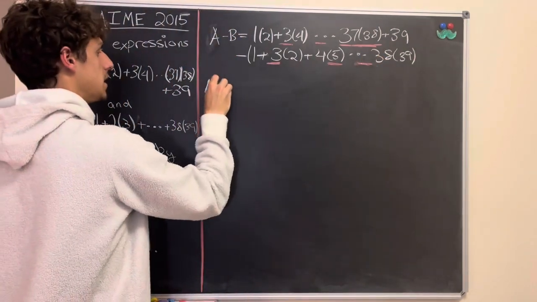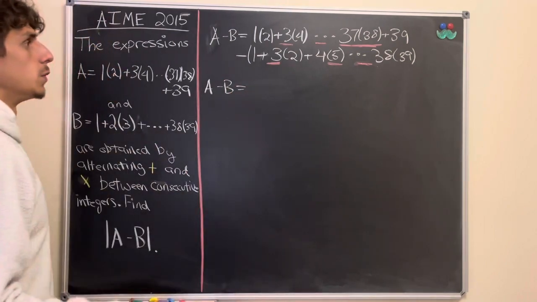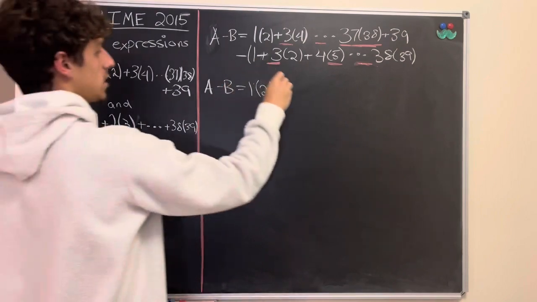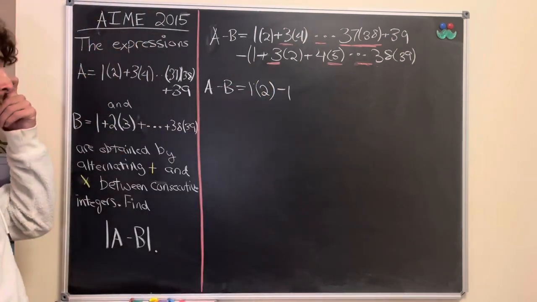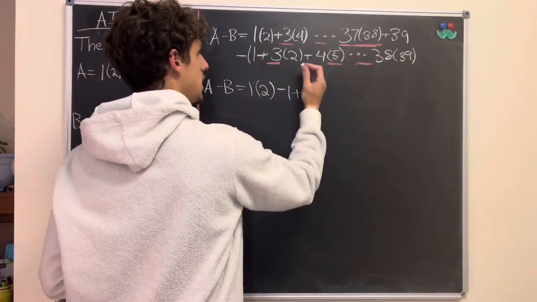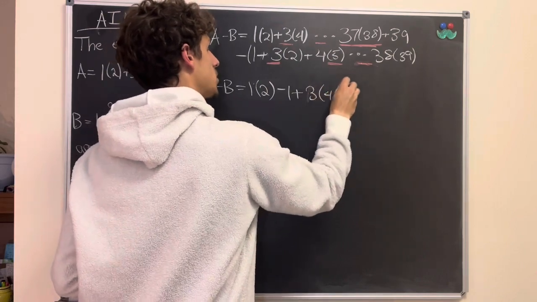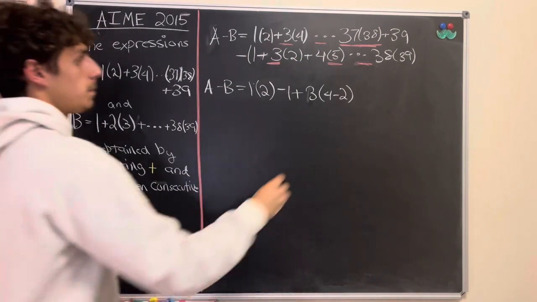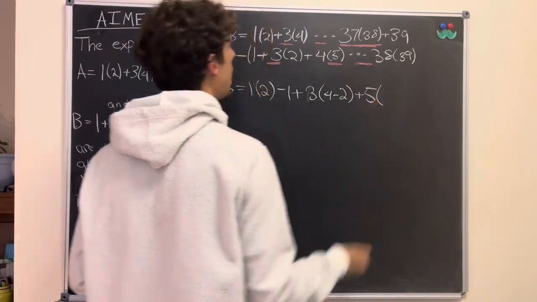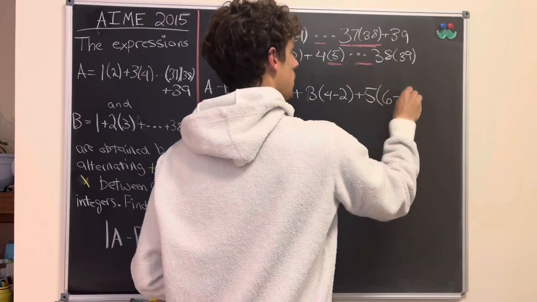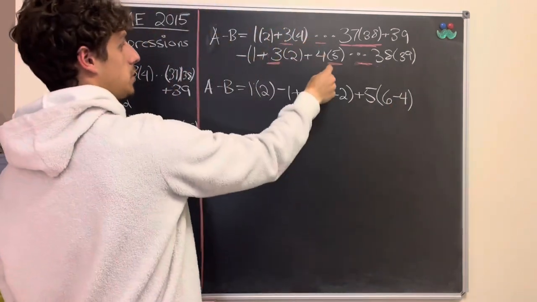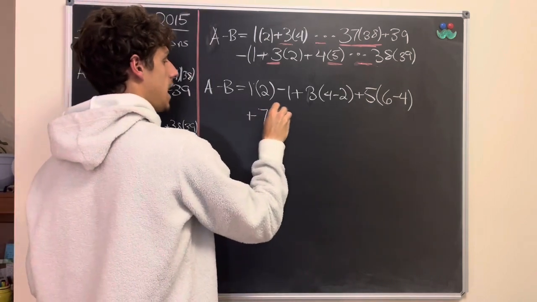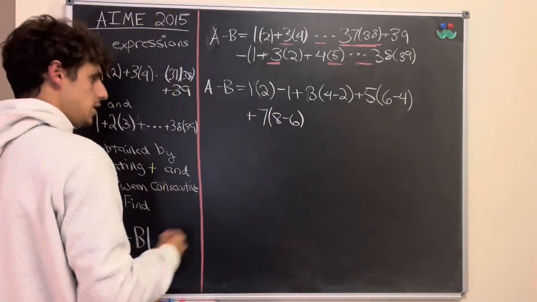We'll get A minus B is equal to 1 times 2, that's from this term here that we left out, minus 1, that's from this term here, and then we'll have plus 3 times 4 minus 2, that's by this coefficient minus this coefficient, plus 5 times 6 minus 4, that's by this top coefficient minus this bottom coefficient, plus 7 times 8 minus 6, and then you can kind of see where this is going.